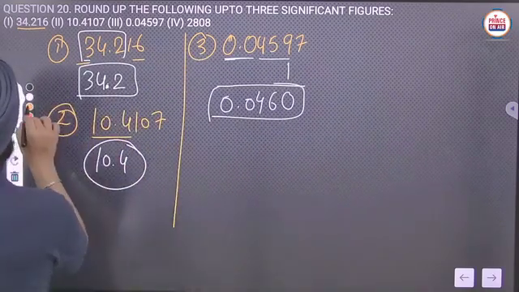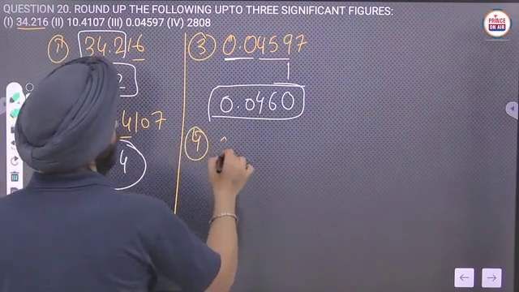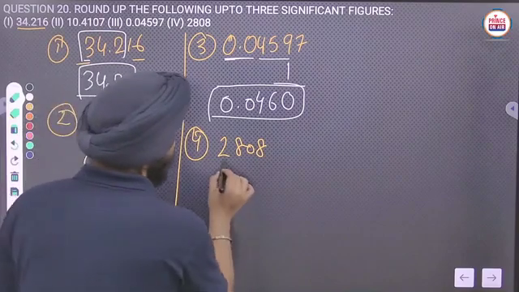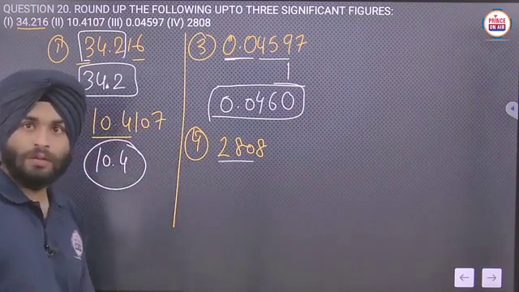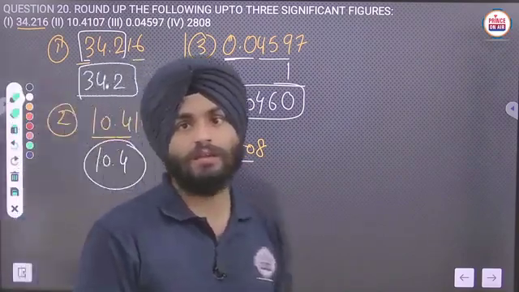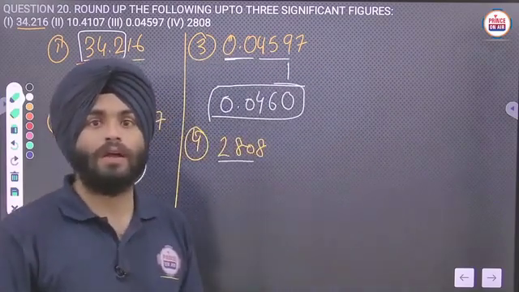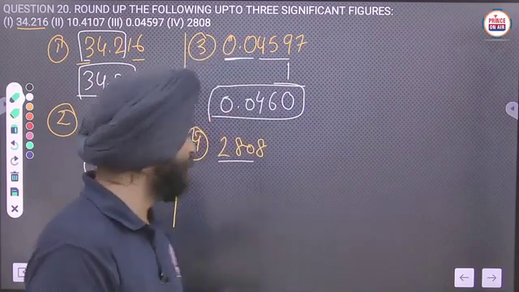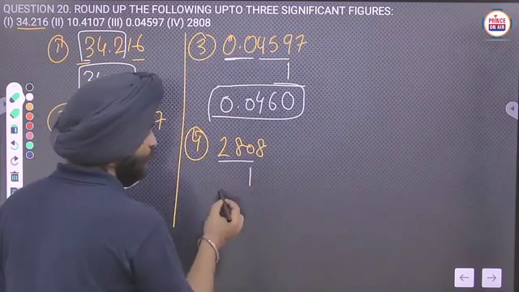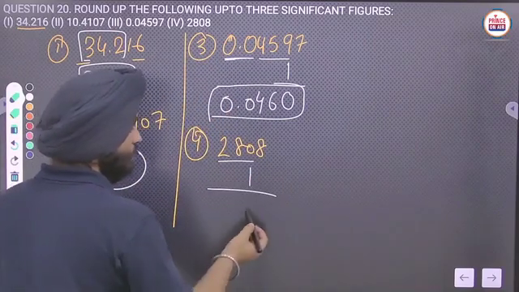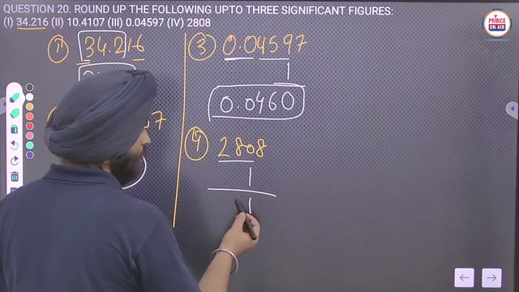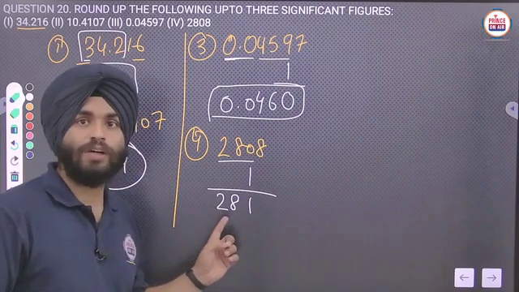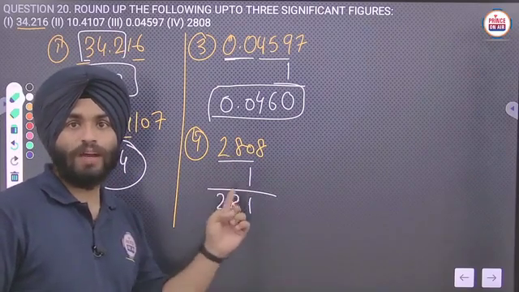Next one is 2808. Here these are the 3 digits, and the last digit, the 4th one, is greater than 5. So we have to increase the previous digit by 1, add 1 here, so it will become 281. But we can't write it as 281, because both values are not similar.